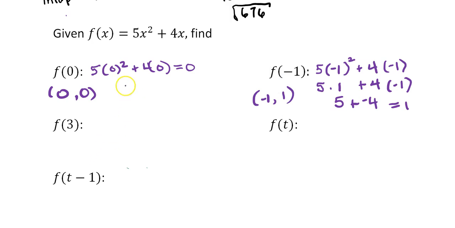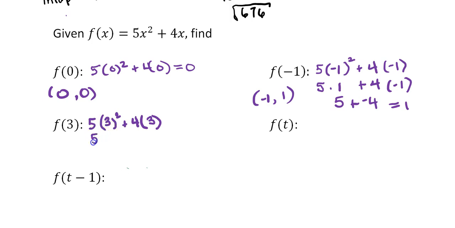For 3, I'm going to go ahead and plug that in. So I've got 5 times 3 quantity squared plus 4 times 3. All right, so again, I'm going to have to deal with my exponents before I can do any multiplication.